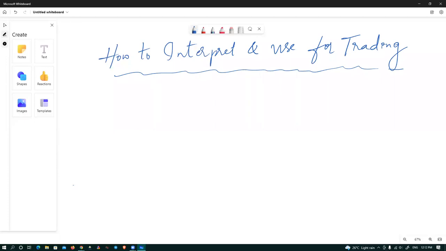Suppose take 10 moving average. 10 moving average in the sense the average of 10 recent days.